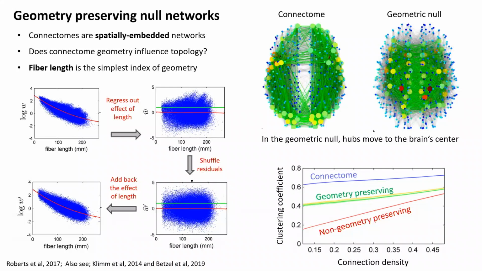This is nothing but the Maslov-Sneppen rewiring algorithm. And the green line shows the case of a geometry preserving null. You can see that the geometry preserving null gets closer to what we see in the empirical connectome. So this tells us that, at least to a certain extent, the geometry of the connectome is explaining this topological property of clustering.